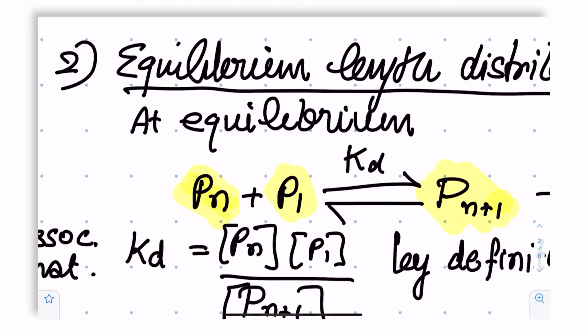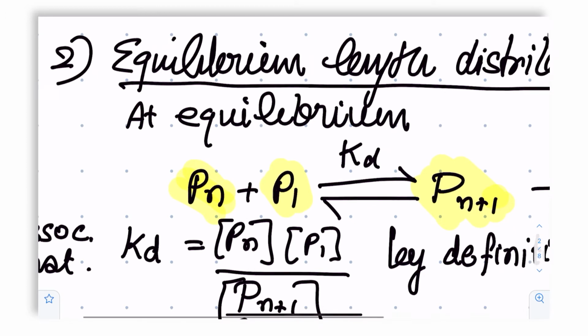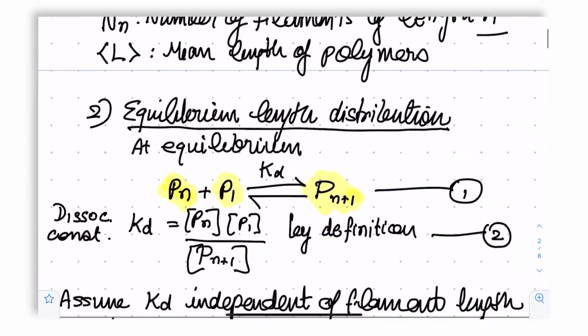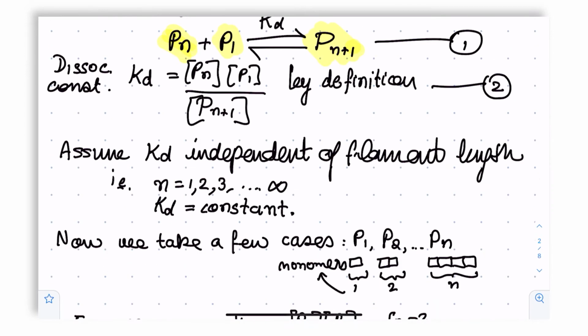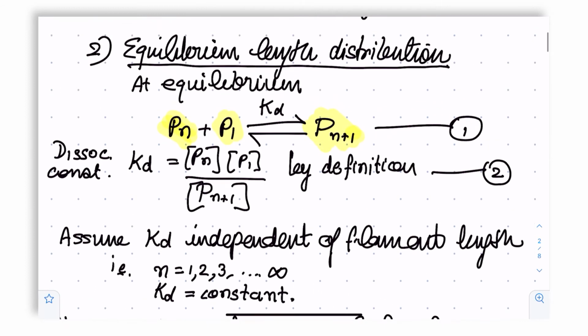This is reversible and it is governed, according to how we have written it, by a dissociation constant. This dissociation constant Kd by definition is the dissociation of Pn plus 1. Therefore, it can be defined as Pn times P1 upon Pn plus 1.